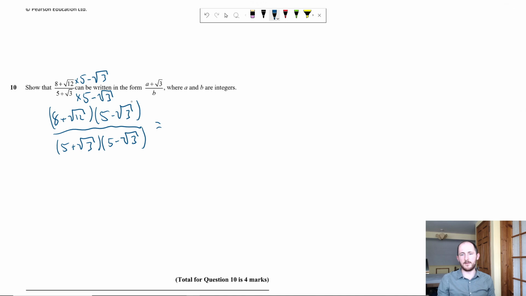But let's do it in fairly short, lengthy steps. 8 times 5 is going to be 40. 8 times minus root 3 is minus 8 root 3. Root 12 times 5 is 5 root 12. Root 12 times minus root 3 would be minus root 36, which you may know is just equal to 6.